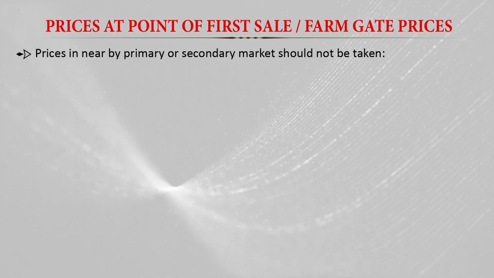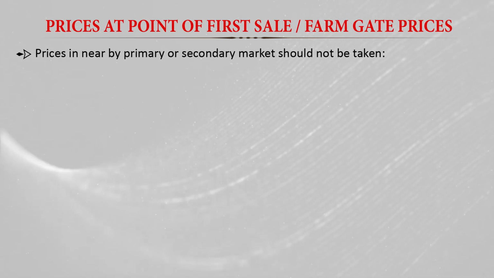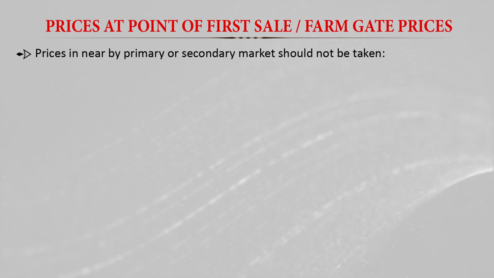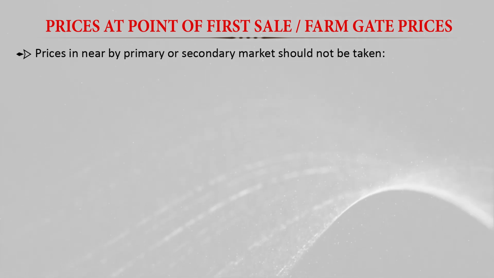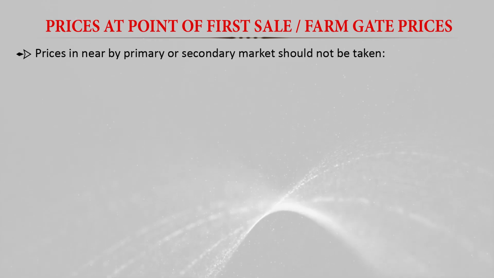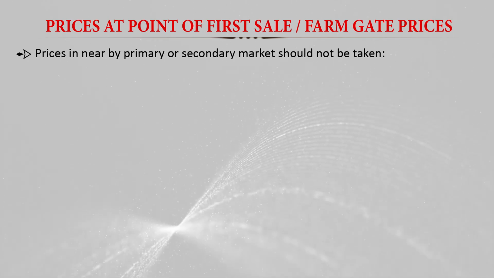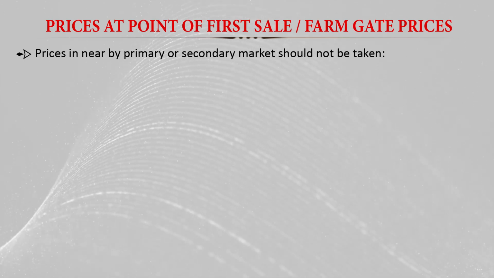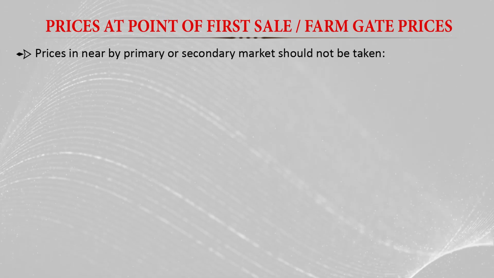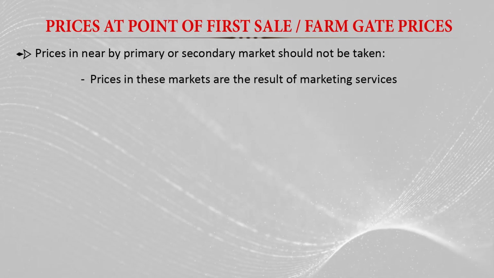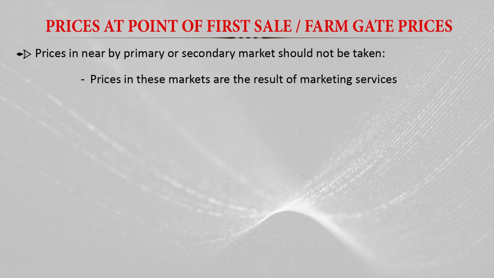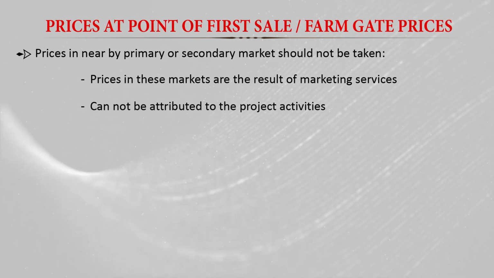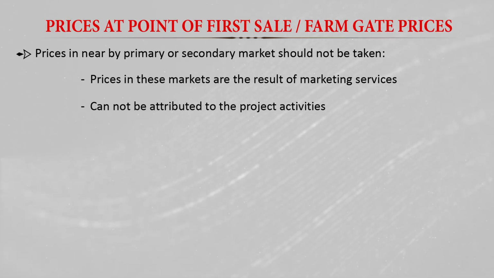Prices in the nearby primary and secondary markets should not be taken if we are valuing an agriculture project or agriculture development program, because the prices in these markets are also the result of marketing services, and that's why they cannot be fully attributed to the agriculture development project.